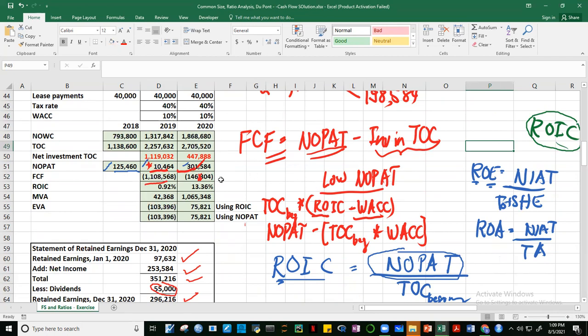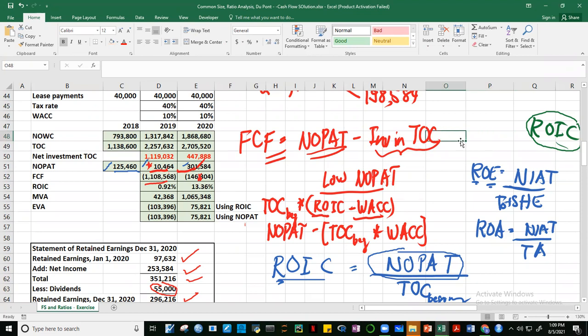So the answer depends on our subtrahend. What do I mean by that? If negative free cash flow is attributable to a large increase in investment in TOC, then we say that's good. Even if our free cash flow is negative, as long as it's attributable to a huge increase in investment in TOC, then that's good.